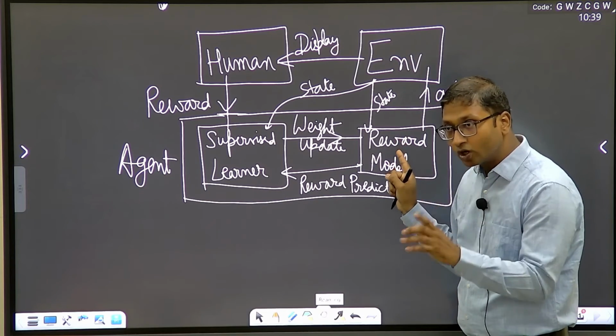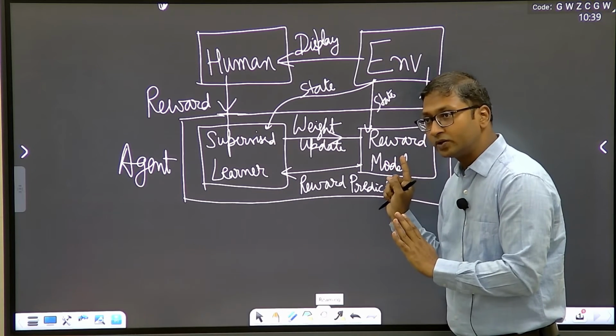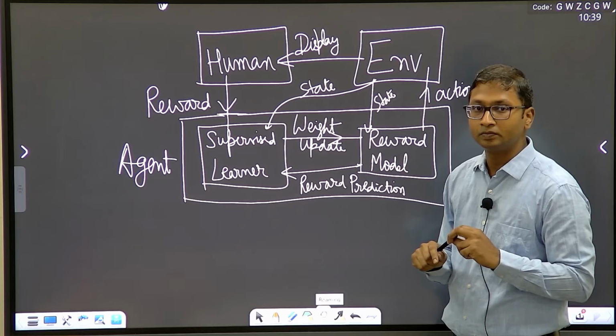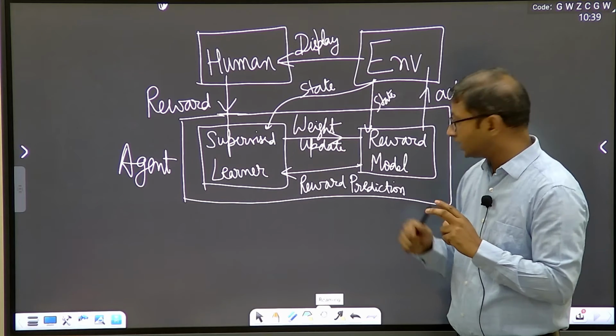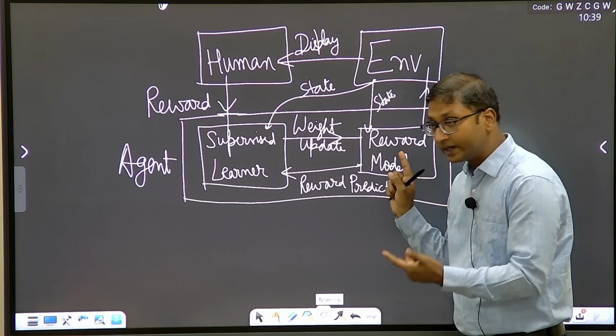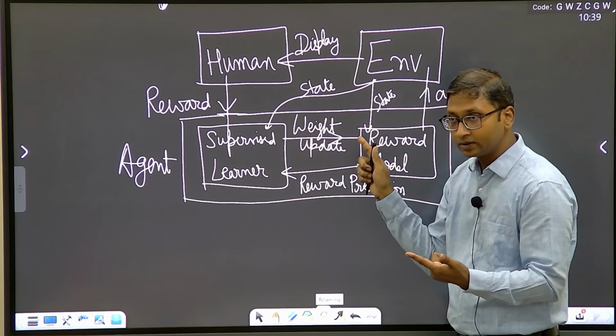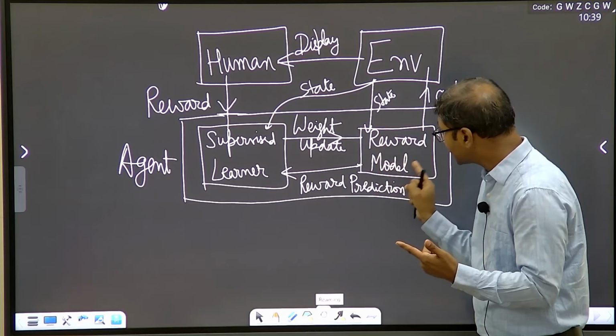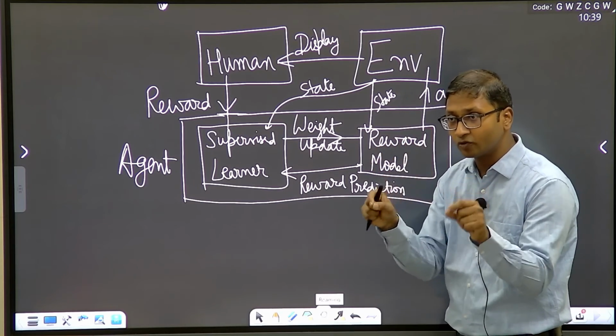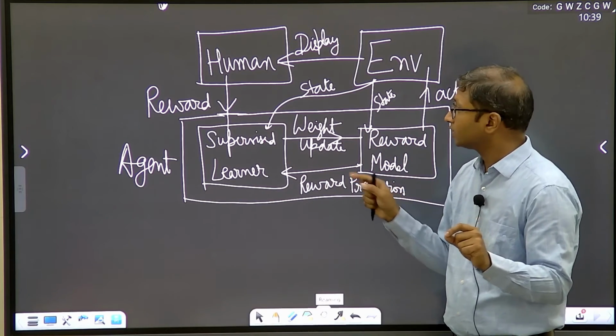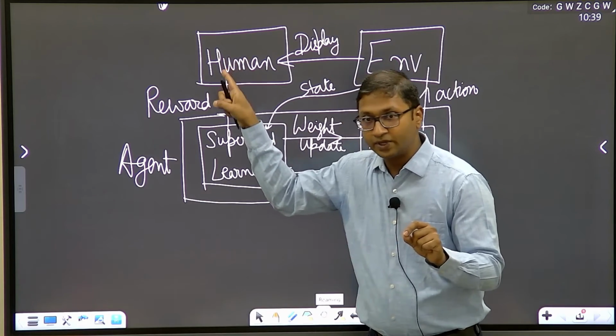So there is a reward model. What might this reward model do? Here you are trying to predict. You are a supervised learner, you do weight updates, you try to devise a reward model that needs to mimic this behavior.